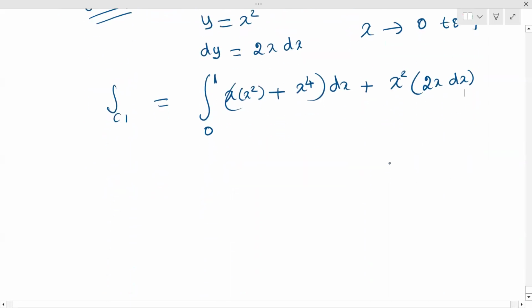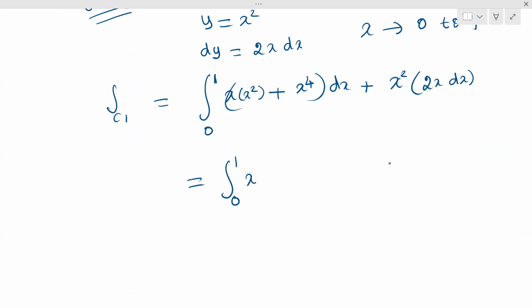Here we have to do the integration. So integration 0 to 1 of x cube plus x power 4 plus 2x cube. When we combine these two, we will get 3x cube. Integration is 3x power 4 by 4.